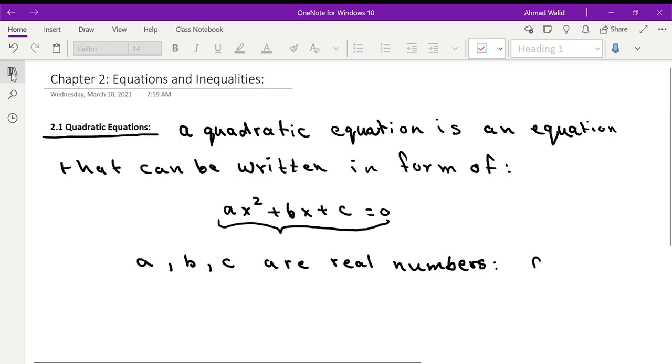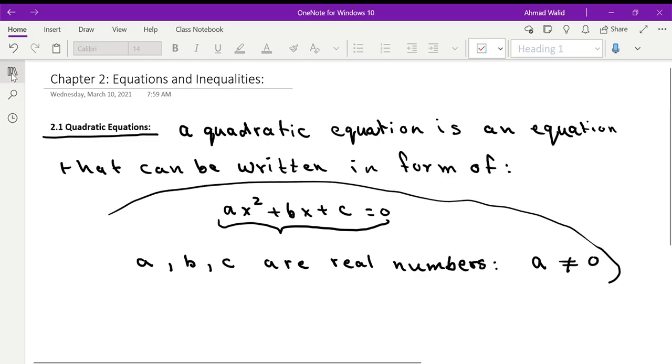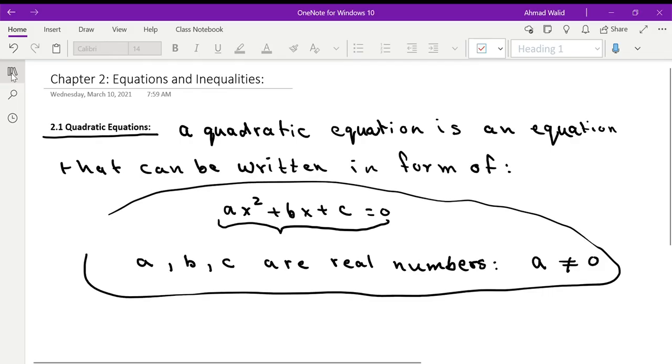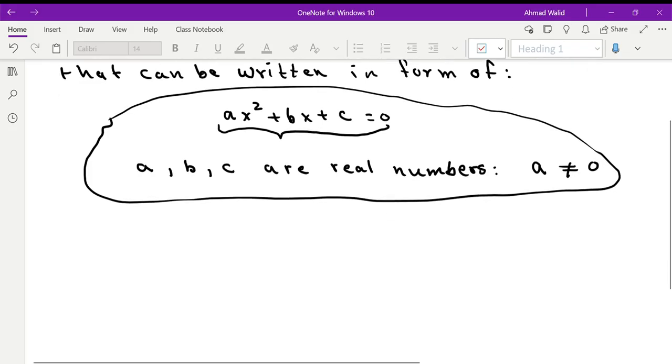And a cannot be 0. Let's explain this part. This part is really important. Let's explain why a cannot be 0. b can be 0, c can be 0, but a cannot be 0.